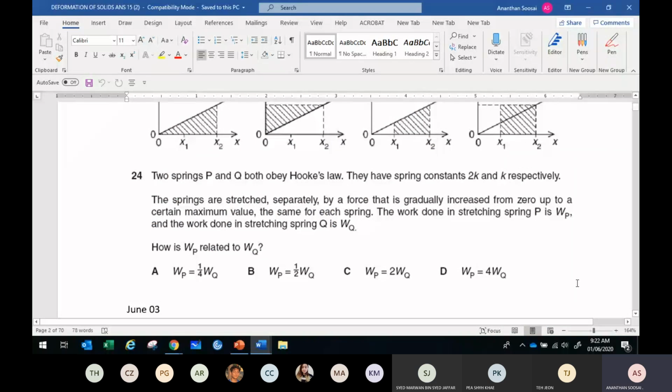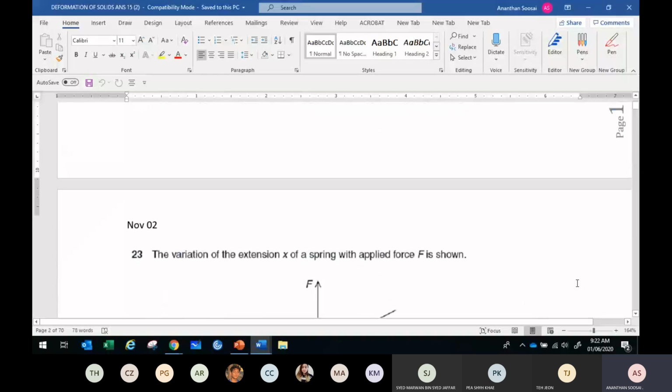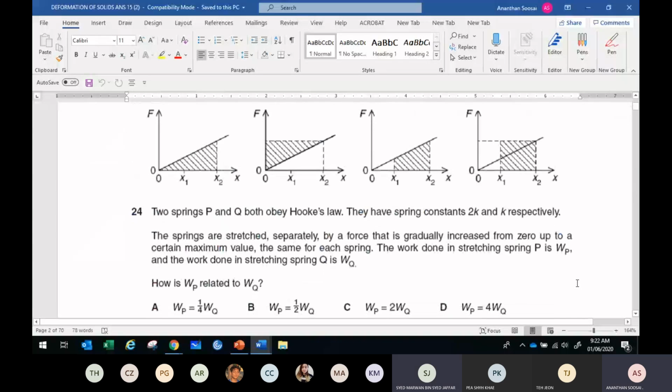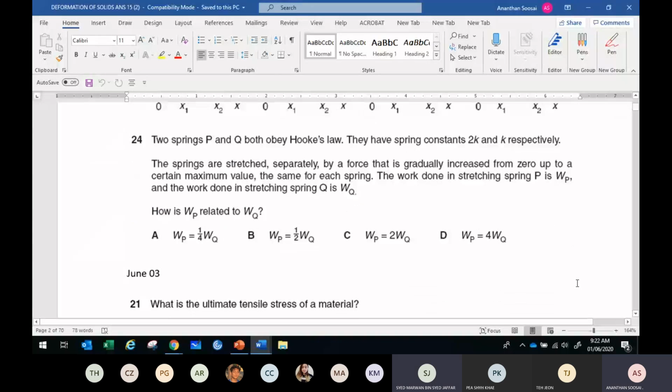Give me the answer. 24. Page 2, 24. Okay, 1 minute for you.